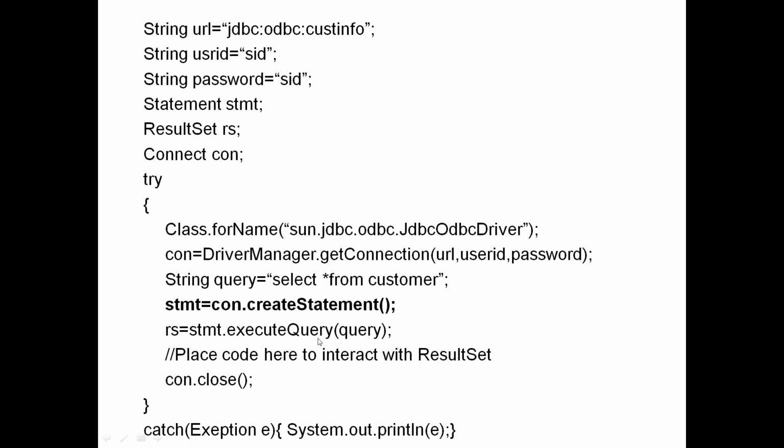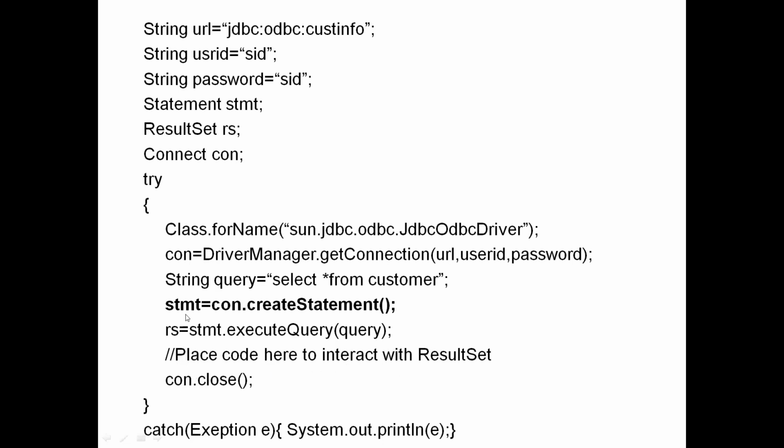When executed on the backend database, this query will return results that will be stored in rs. Once you have the results in rs, you can process them by inserting some code at this point. And lastly, the connection is closed.